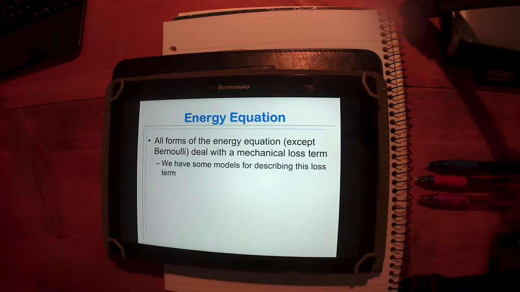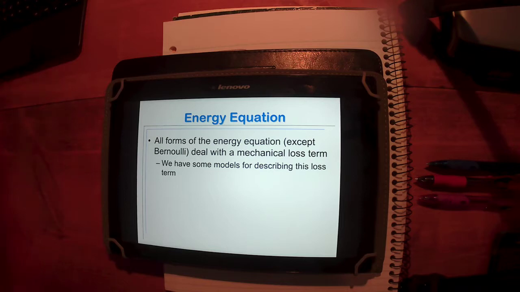And there's this loss term. And describing that loss term, how do we quantify that? You know, up to this point, it's been something we either assume is negligible, or it's something that is given to us, or it's what we're actually trying to solve for, right?